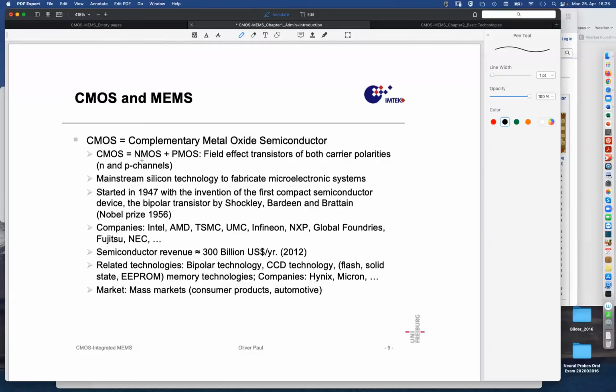That's one polarity, which requires one kind of gate voltage to be switched on or off. And then the PMOS are complementary to those, so that when the NMOS are on, the PMOS are off, and vice versa. That gives you a dramatic diversity of logic options to implement logic circuitry.